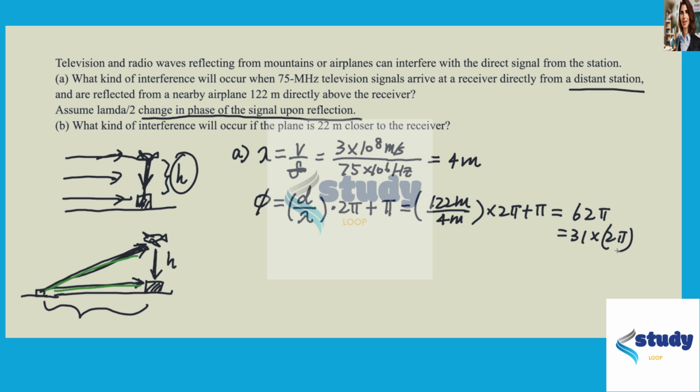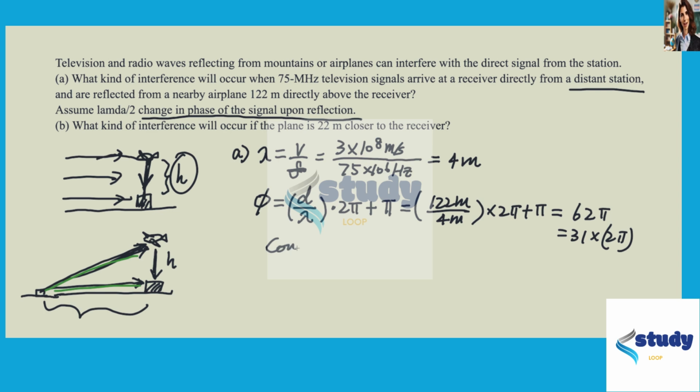So we can think of it as a total of 31 wavelengths in the phase difference. Because it's an integer times 2 pi, constructive interference will occur.